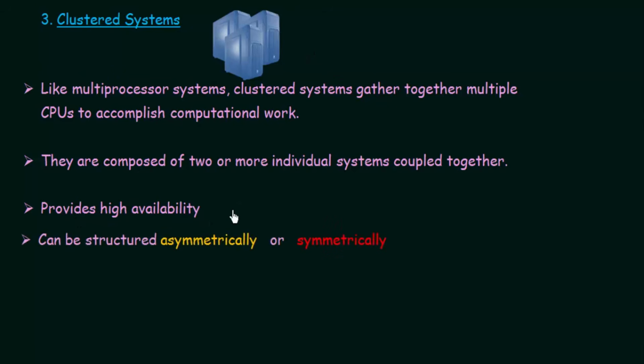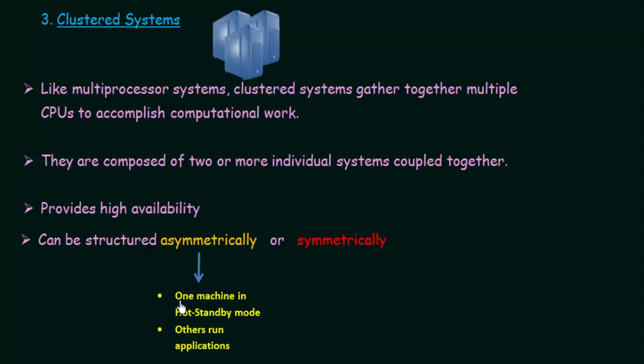And even in this cluster system, this can be structured either asymmetrically or symmetrically, just like our multiprocessor systems. So in asymmetric, what happens? In asymmetric, one machine is in hot standby mode and then the others run the applications. So we know that in asymmetric mode, what we have is a master-slave approach.